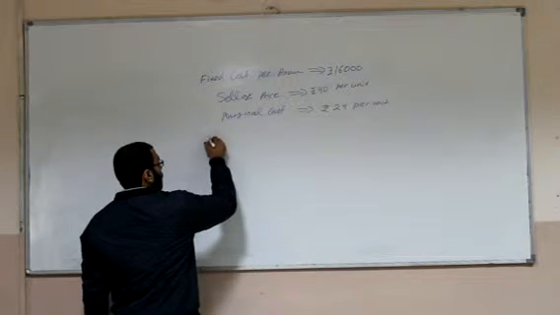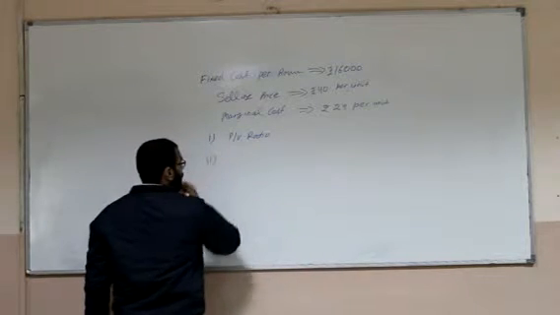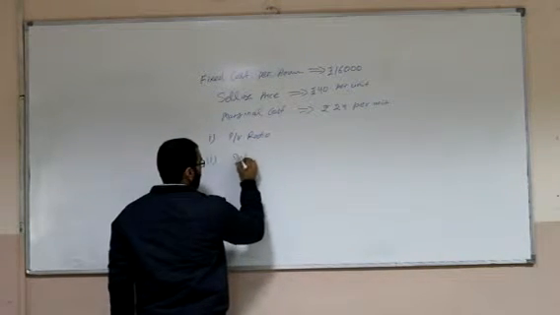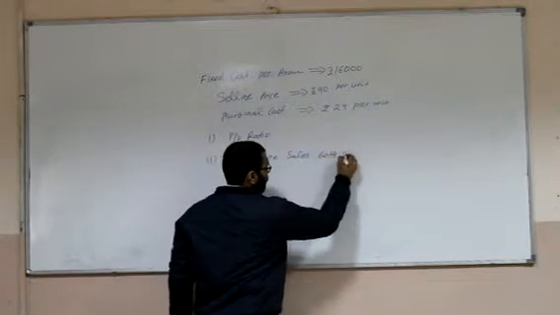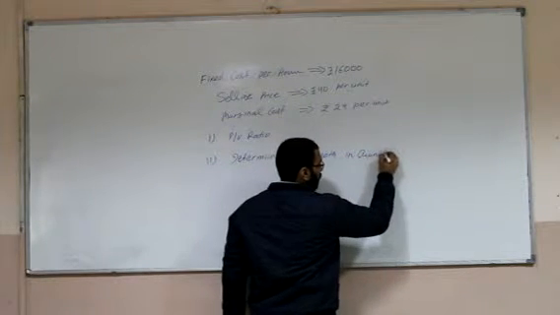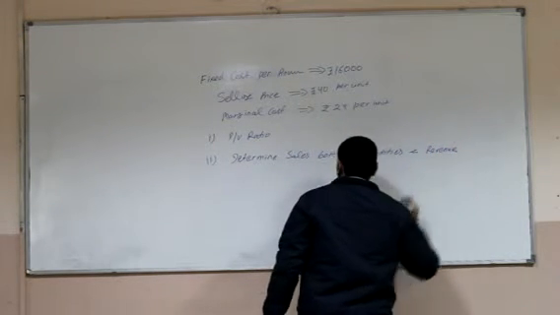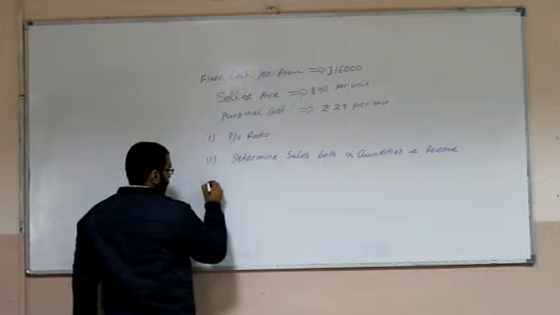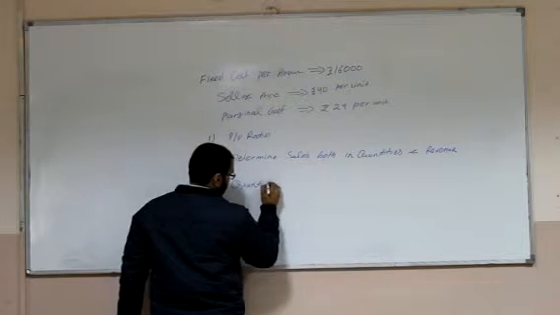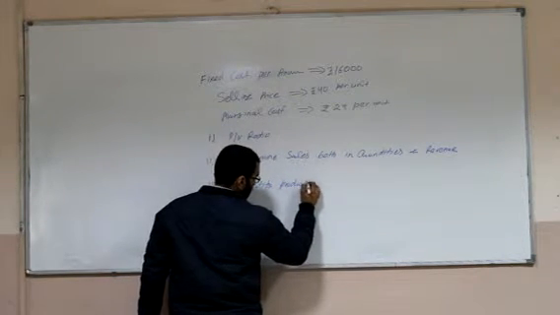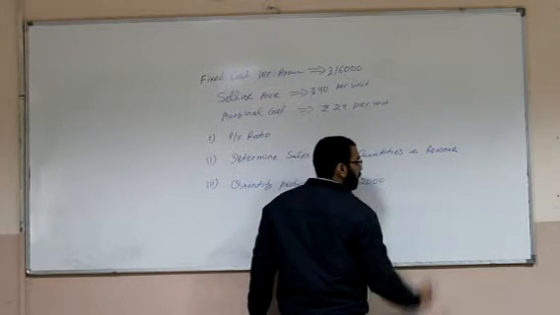What we have to determine first is the P by V ratio. Second question is to determine break-even sales, both in quantities and revenue. Third one is the quantity of products for 2,000 rupees of profit.